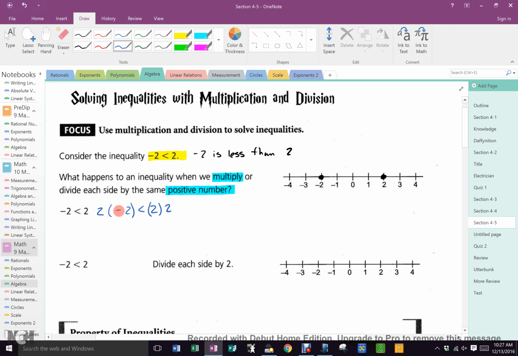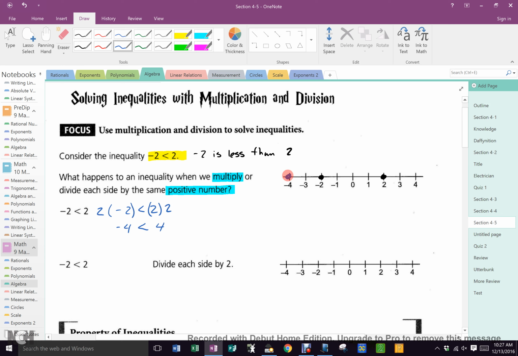What is 2 times -2? -4. What is 2 times +2? 4. What sign would go in the middle? Less than, because -4 is less than 4. Agreed? Now let's put that on this graph.